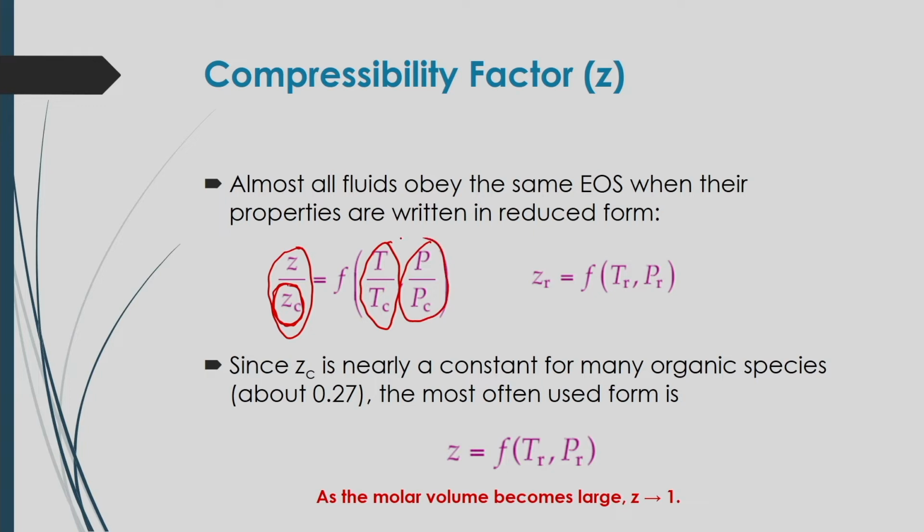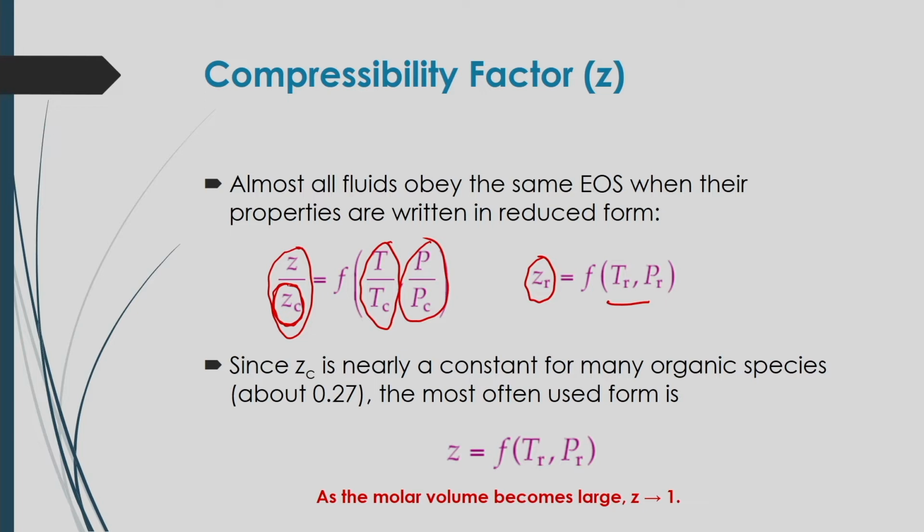of pressure. So, we can say that the reduced form of the compressibility factor is a function of TR and PR. TR is reduced temperature and PR is reduced pressure, and TR is defined as T by Tc, that means T is the temperature at a certain point, and Tc is the critical temperature.